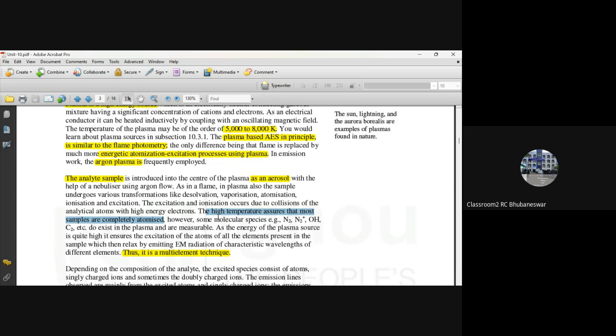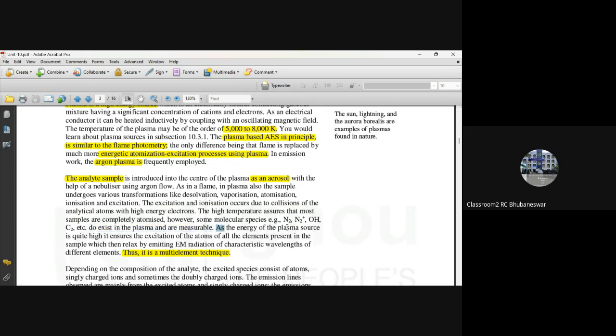However, some molecular species will be there, and breaking them and atomizing them is difficult. That also does exist in plasma and is also measurable.